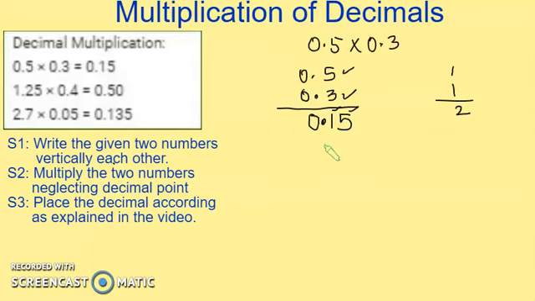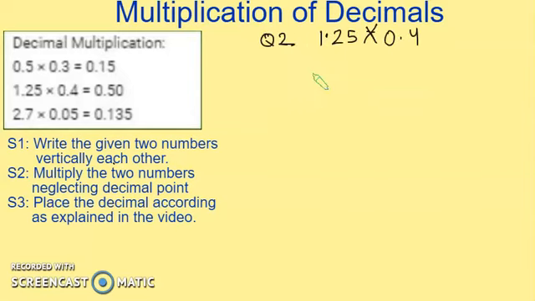So I hope you have understood. Let me give you another question to understand it better. As you can see in the second question, here is 1.25 times 0.4. So write them 1.25 and 0.4.